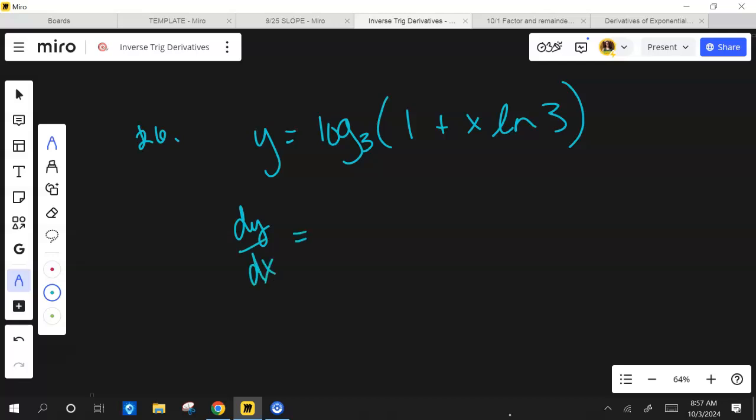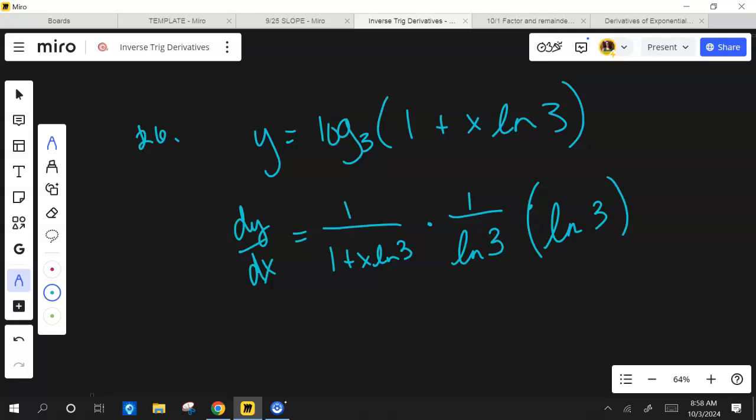All right, so I'm using the log rule from my green sheet, yes? 1 over the argument times 1 over the log of the base. Now I have to change. Yes, you're right. It's constant. Good job. Okay, I was fixing to do product rule, and then they're correct. ln 3 does not have a variable in it.